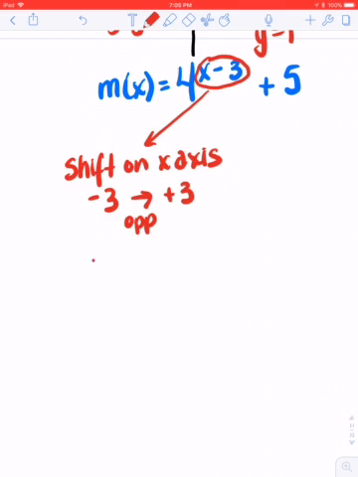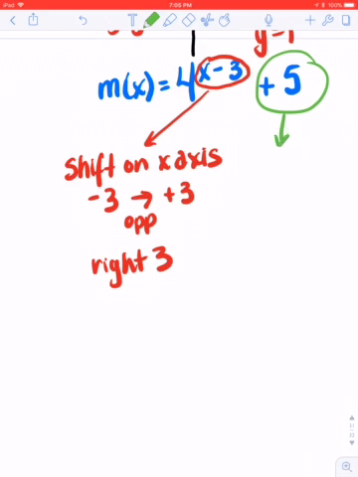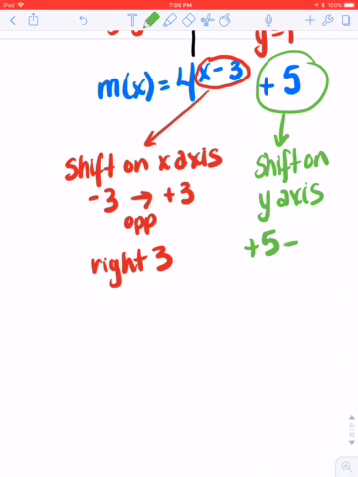So that means it's going to go to the right 3. Now this tells me that it's also going to shift on the y-axis. And if it's plus 5, remember the y doesn't lie. So if it's plus 5, then that means it's going to go up 5.